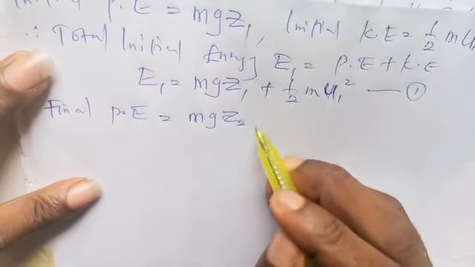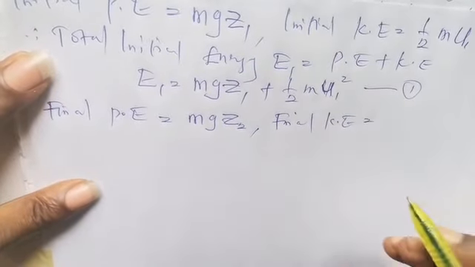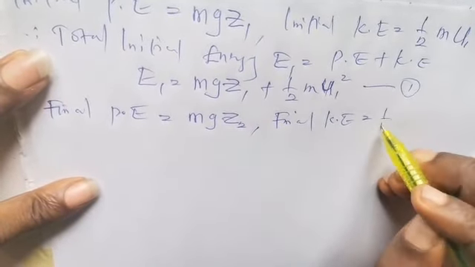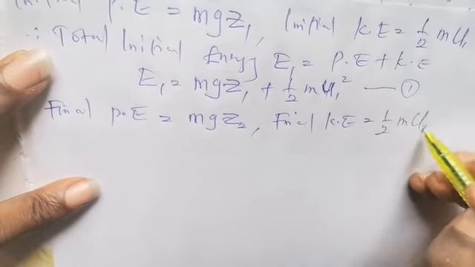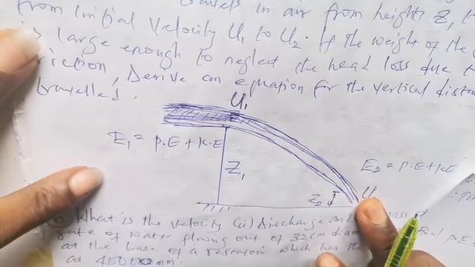Next is the final kinetic energy, which is also going to be one half m u2 squared, where u2 is the final speed as indicated from the profile.